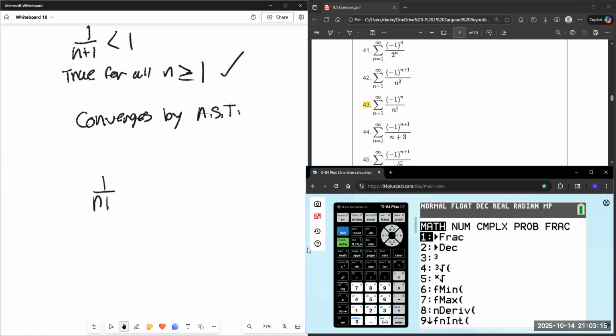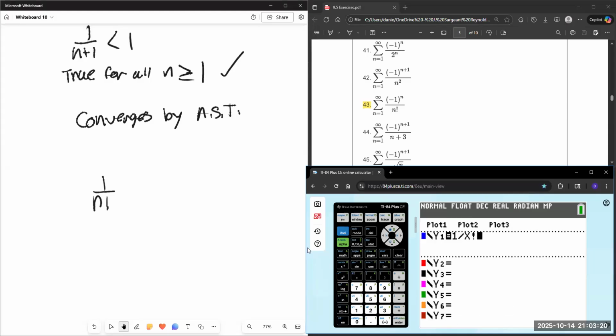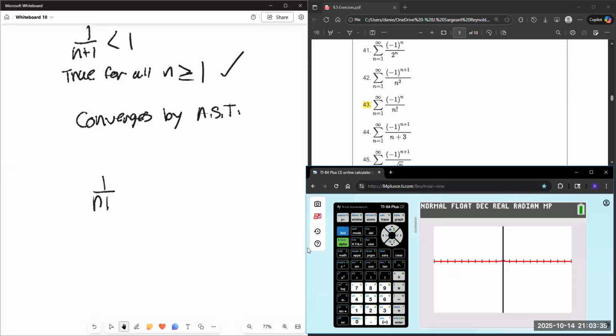Math, number, probability, there it is, factorial. And let's look at 1 over x squared, just a simple p-series that I know is convergent, because I think that 1 over x factorial is going to be convergent. So let's zoom 6, and I can't even see the blue function. I'm going to zoom 0 to see if it will let me see what's going on here.